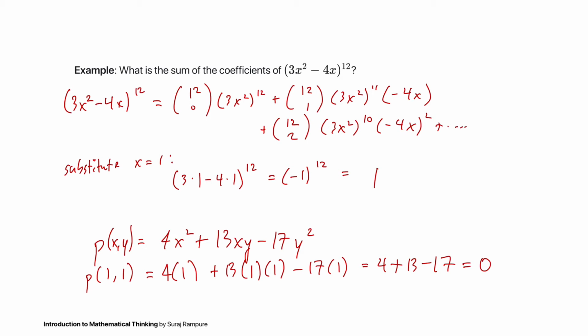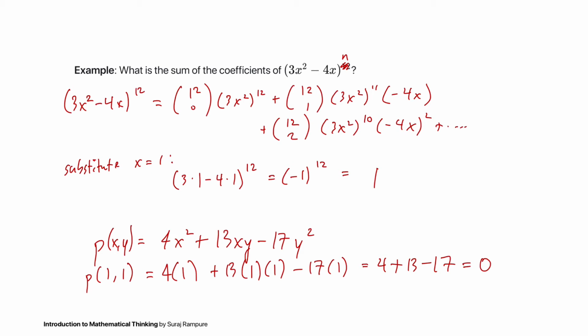Is that clear? Right? And so now, what if I wanted to ask the general question, what's the sum of the coefficients of 3x squared minus 4x to the exponent n? It would either be 1 or negative 1 depending on n, right?